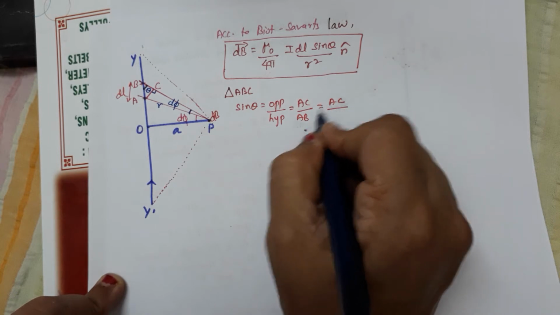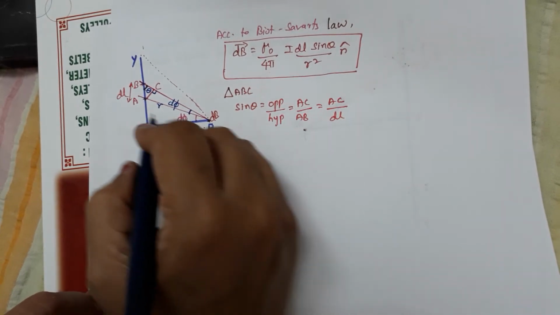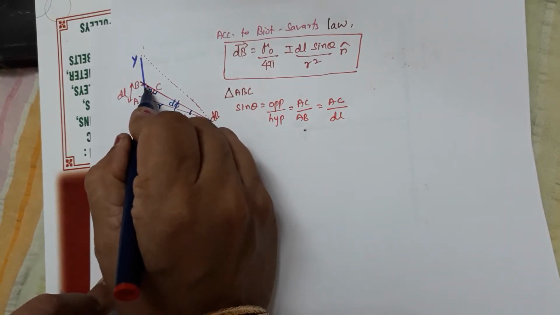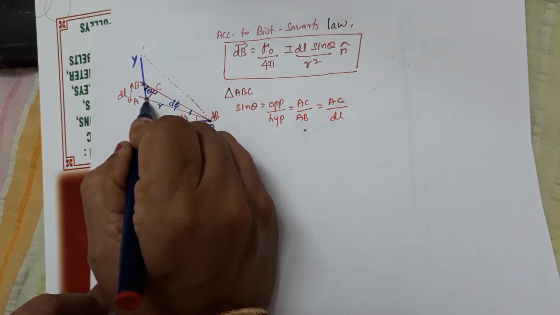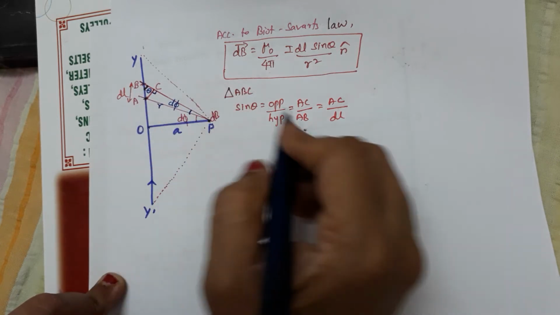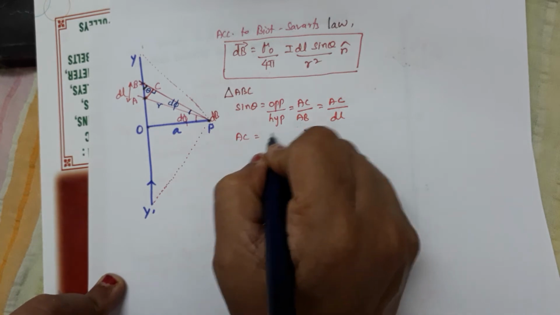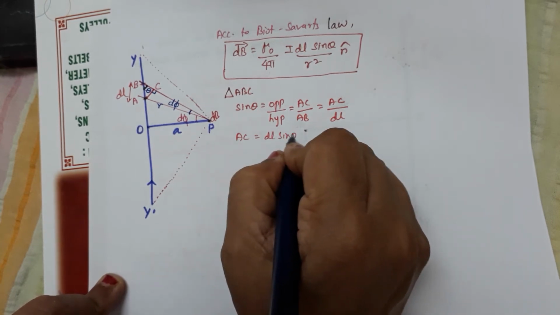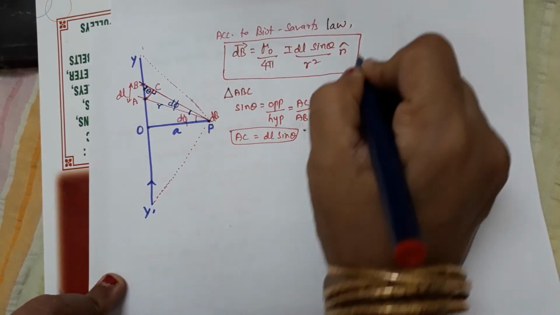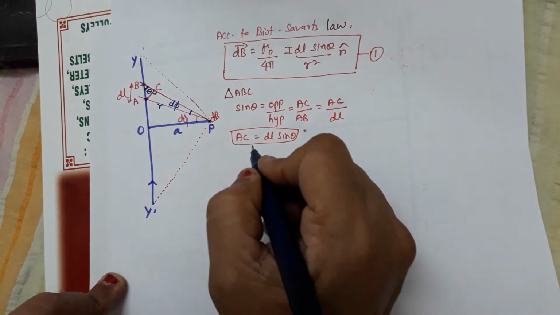AC we do not know, but AB is dL, we know that, right? Cross multiply, what do you get? AC is equal to dL sin theta. Okay, highlight this equation, let it be equation 1.